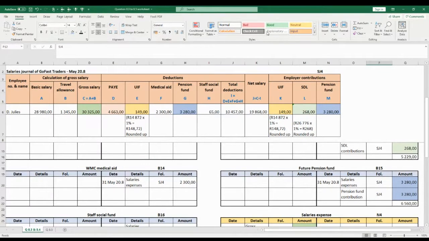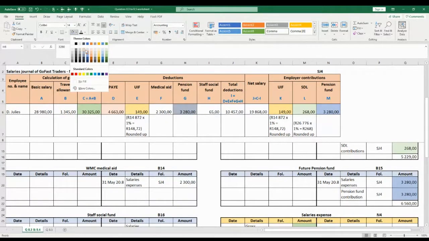Okay, so if we look at the deductions, you'll see under the deductions, there's an amount for pension fund, as well as under the employer's contribution, there's an amount for the pension fund. Now, under the deductions, this is the amount that was deducted from your employee's salary. So I'm just going to make it a lighter blue just to help you out in the table at the bottom.